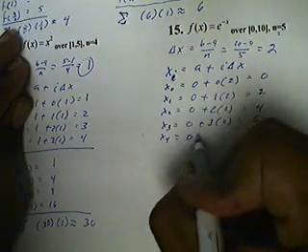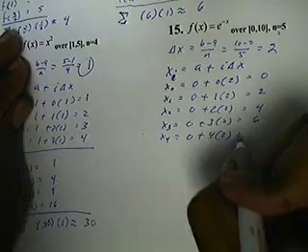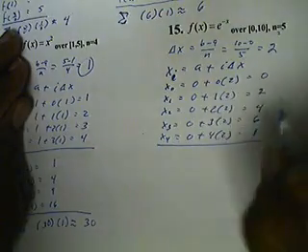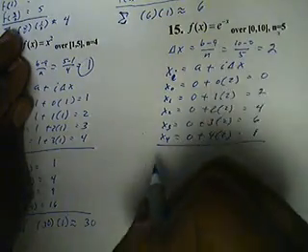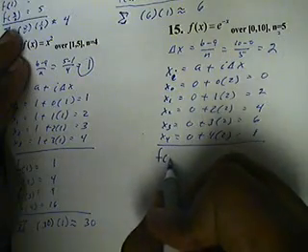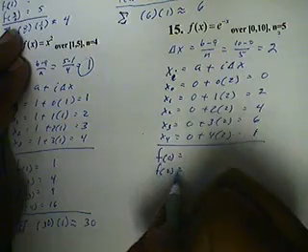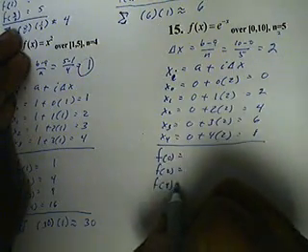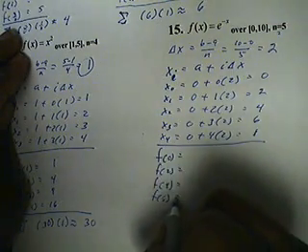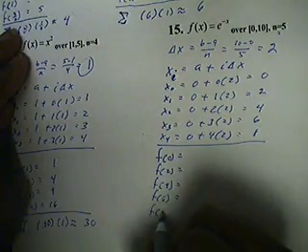And x4 will be 0 plus 4 times 2, and that'll be 8. And those are the numbers I need to put in here for f. So f of 0, f of 2, f of 4, f of 6, and f of 8.